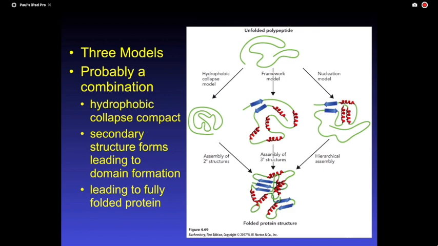As you bring things close together, the secondary structure really is optimized to form. And when secondary structures are close together they have the interactions that lock them together, so you can start to nucleate or create the folding kernels. So I wouldn't argue it is 3 separate models, although you might find groups that will support 3 models. It is a combination of all of these things working together.